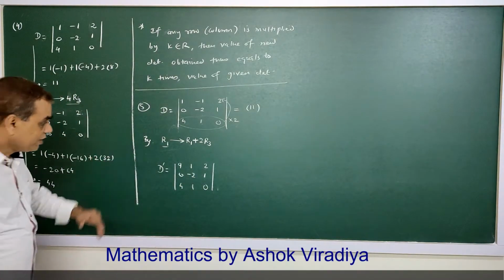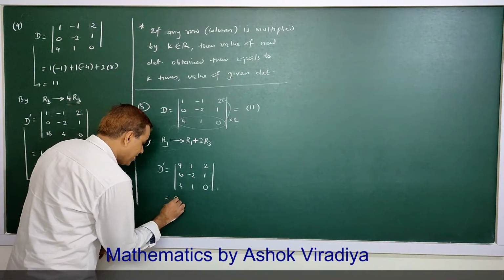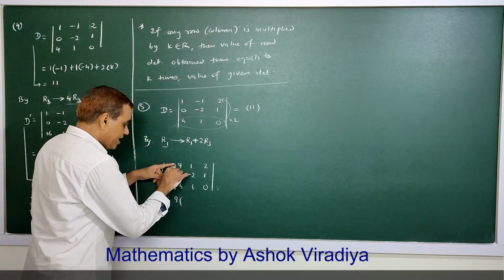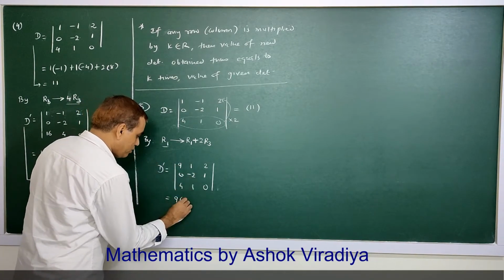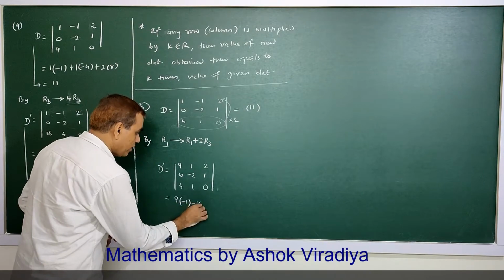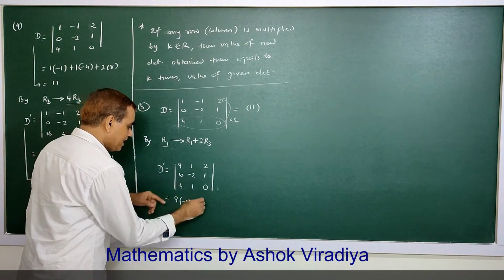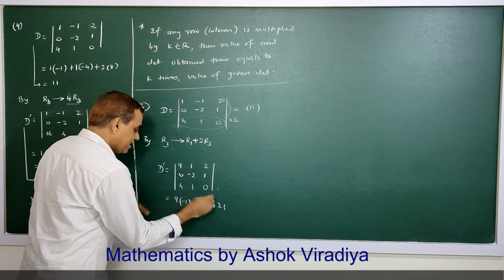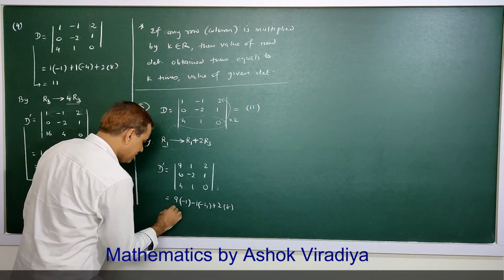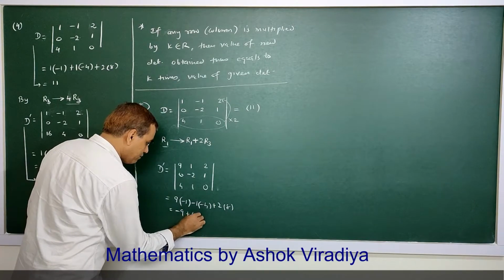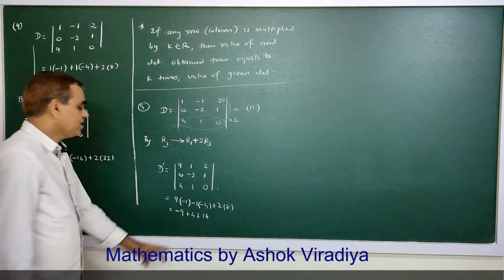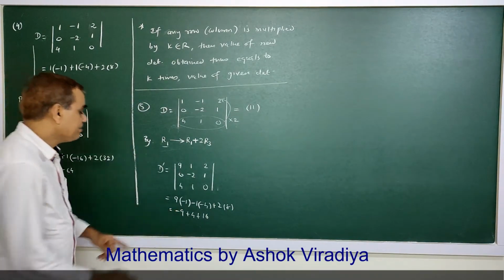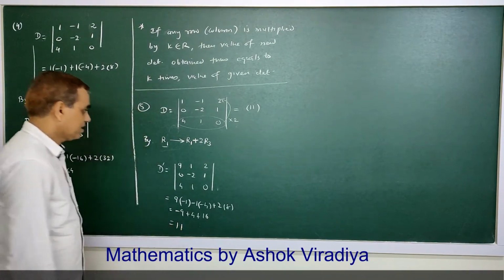Now let me check its value. This is equal to 9 into (0 minus 1), minus 1 into (0 minus 4), plus 2 into (0 minus minus 8), that is plus 8. So minus 9 plus 4 plus 16. 16 plus 4 is 20, 20 minus 9 is 11.